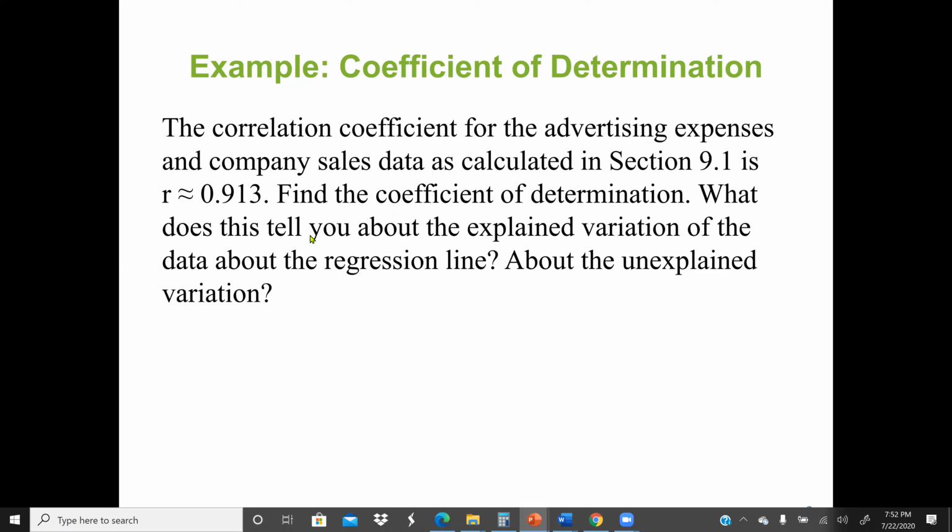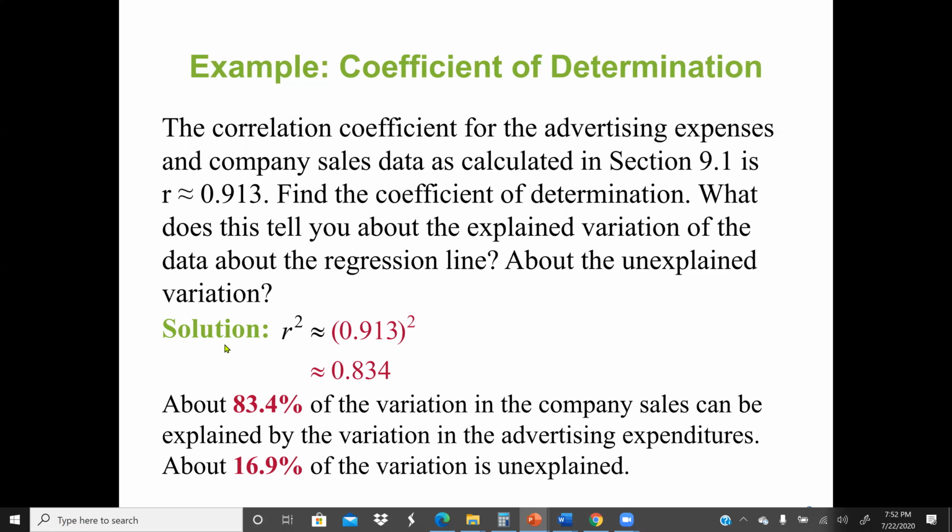What does this tell you about the explained variation of the data about the regression line, and also about the unexplained variation? First, we already know the R, so we just square it. We don't need to use the formula, as I said earlier. If R is 0.913, then the coefficient of determination is 0.913 squared. So our answer is 0.834.